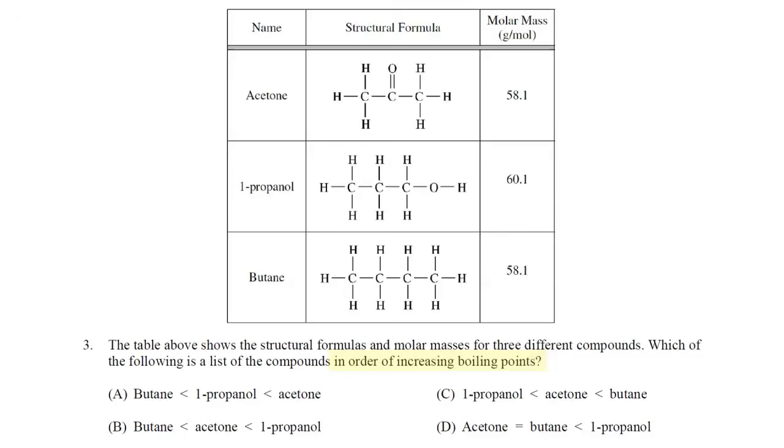But again, I will not use molar mass in my argument. Now let's start with butane. It has a very symmetrical electron cloud such that all of the bond dipoles cancel each other out. So butane is classified as a nonpolar molecule and would experience only London dispersion forces between molecules of butane.